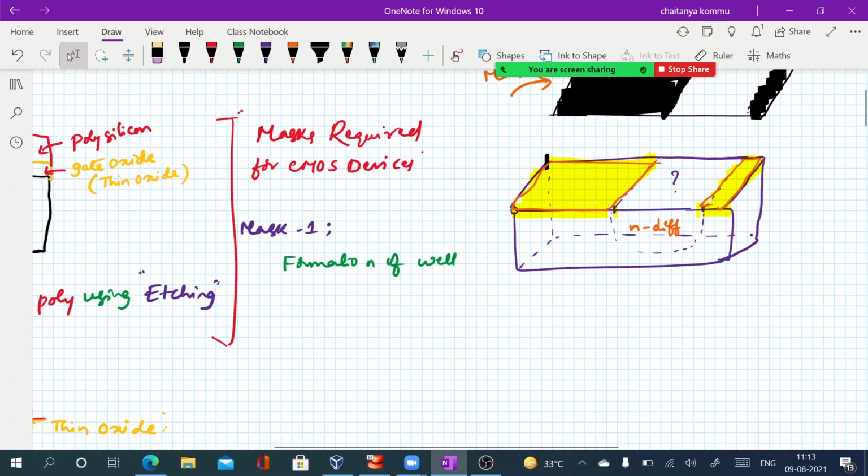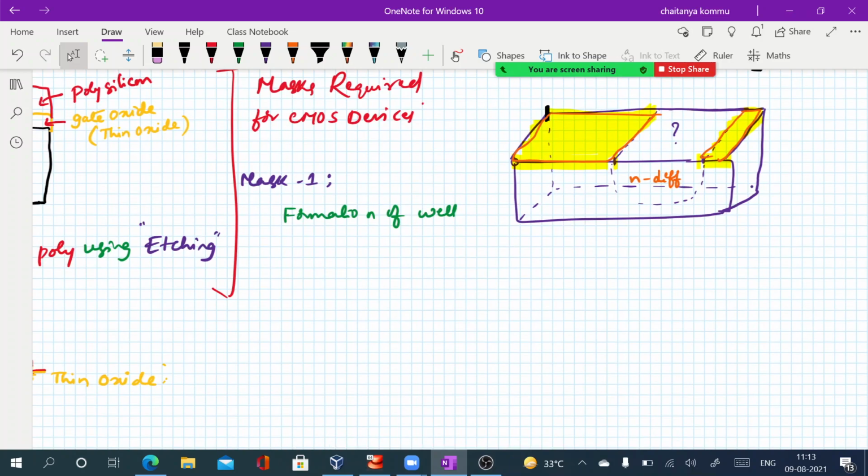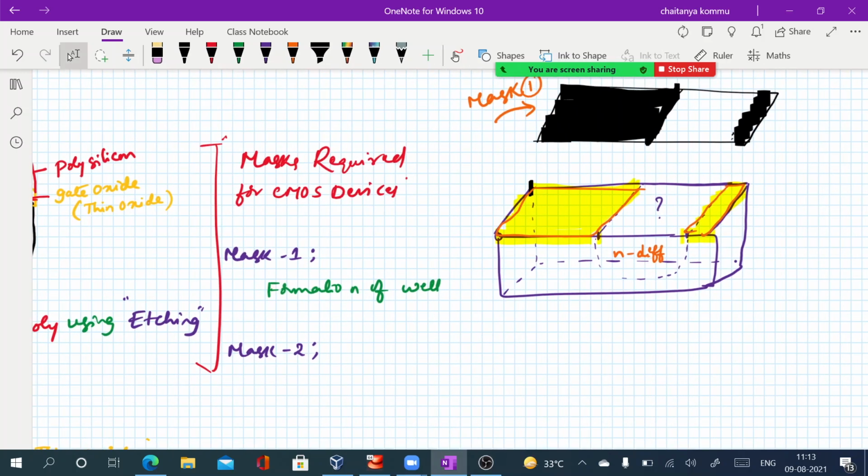Next, let us go for mask number 2. Once the diffusion takes place and the well is formed here, there is no problem. Now we have to cover the entire region with the field oxide.